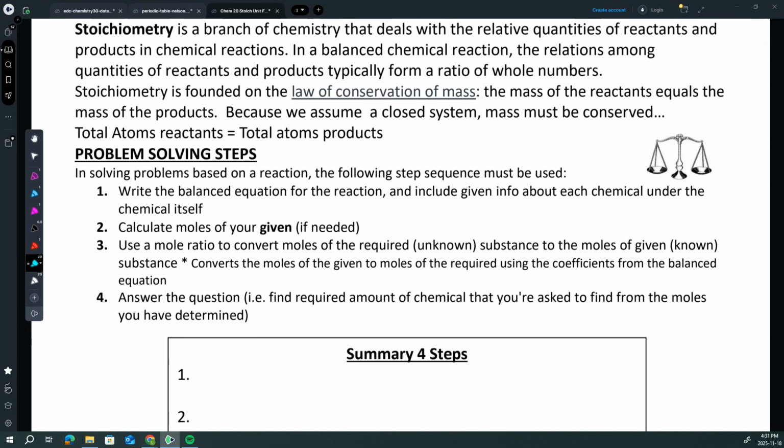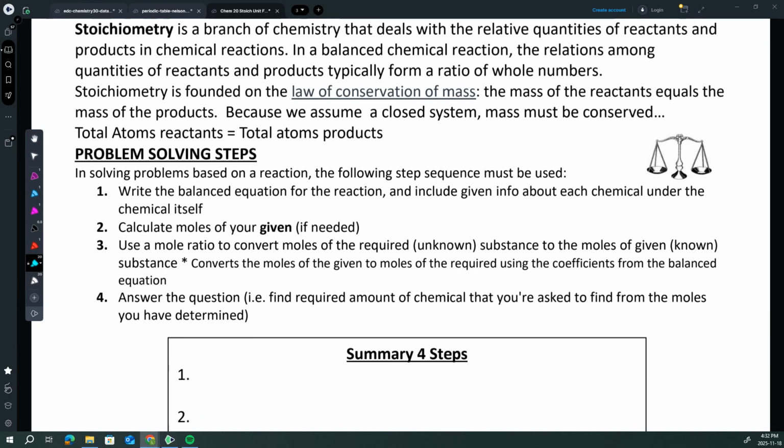So step number 1 is always make sure you have a balanced chemical equation for your given reaction. Step number 2 is you're going to need to calculate the moles of your given substance. Your given substance is the substance that you are given the most information for.